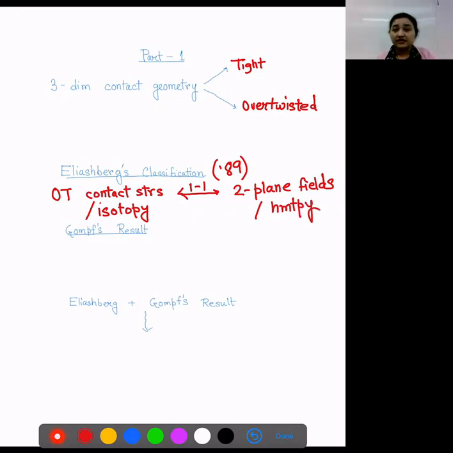So if we understand the homotopy class of two-plane fields, we understand over-twisted contact structures.